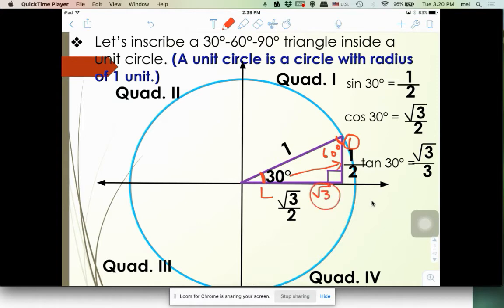The longer leg is going to be radical 3 times as long as the short side, so it is radical 3. And the hypotenuse is twice as long, so it is 2. So those are the lengths of the three sides of this triangle.